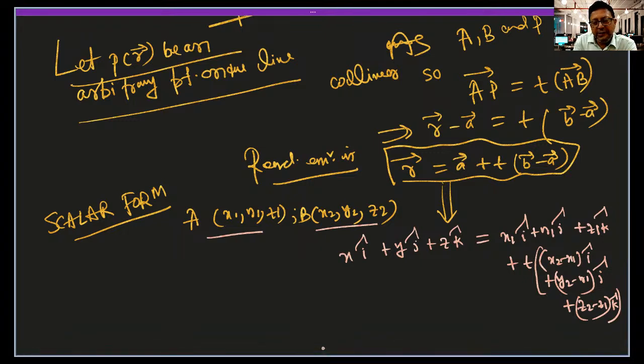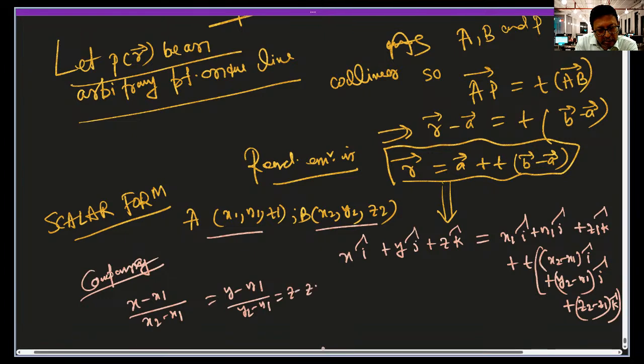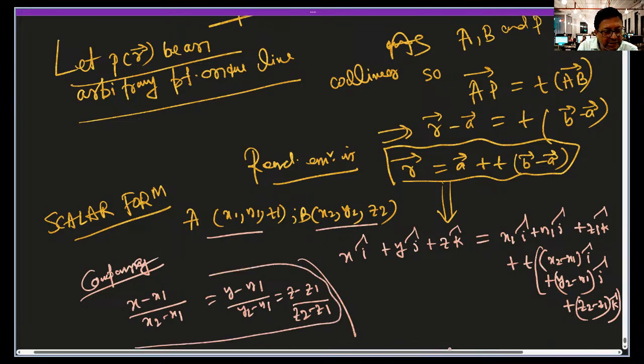So like the previous one, comparing, you can write it, because if you take it on the left side and compare, you will be doing the same manner. I did not show that step, you understand. So 2-point form, vector form is here and scalar form is here.